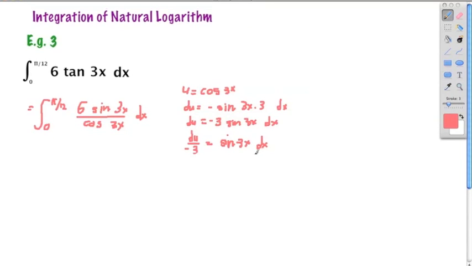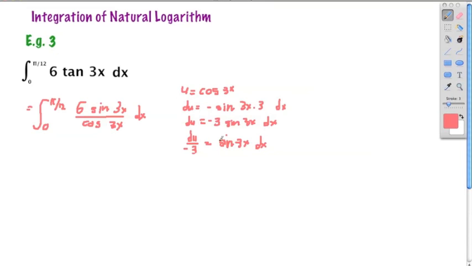Now I can start substituting the u values into the original equation. The integration now will be 6 over, I replace the cos 3x with u, and then sin 3x dx will be equal to du over negative 3.